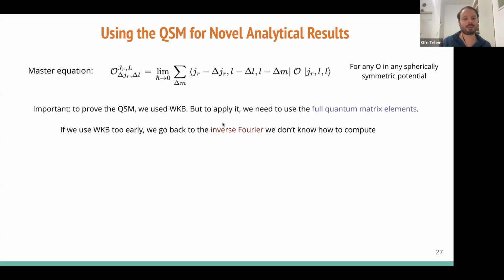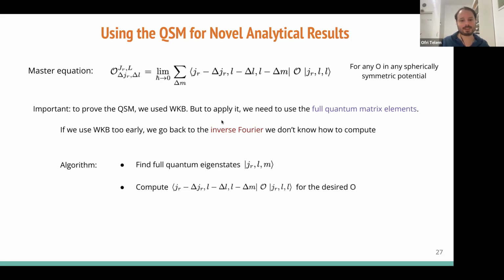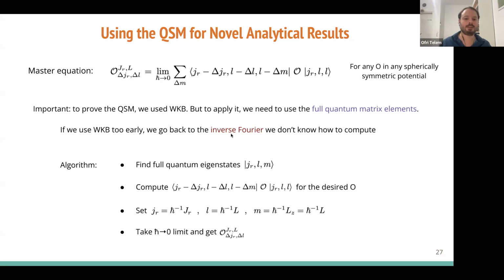This might seem complicated, but it actually allows you to calculate things you just couldn't classically. So whatever your system is, you find the eigenstates, you compute a matrix element, you set the quantum numbers to be their classical counterparts over h bar, and then you simply take the h bar to zero limit. This is hard, but it's doable, and it allows you to compute things you just couldn't otherwise.